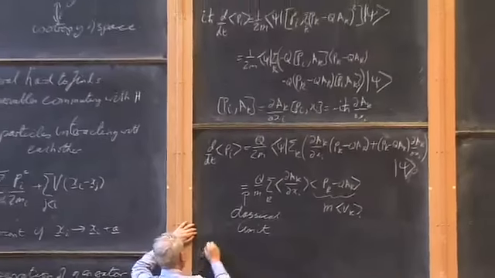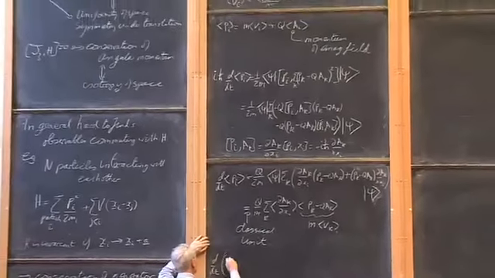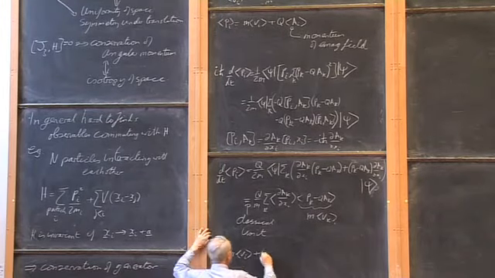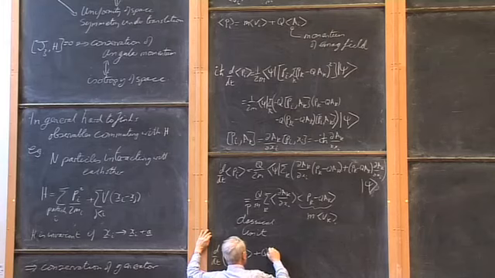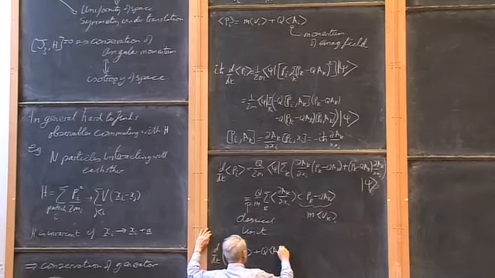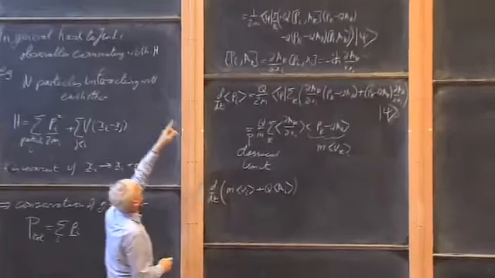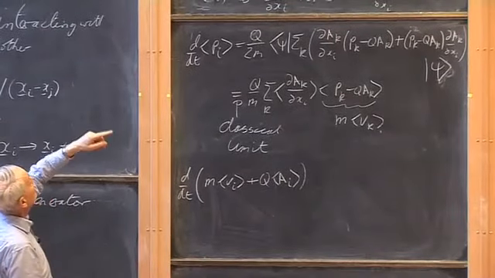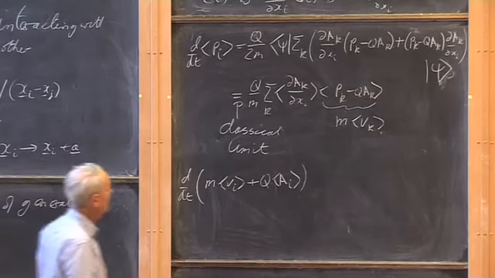So this now comes down to d by dt of m v_i plus q expectation of A_i. That's using that respectable formula up there for the relationship between velocity and momentum. Yes, that's correct.